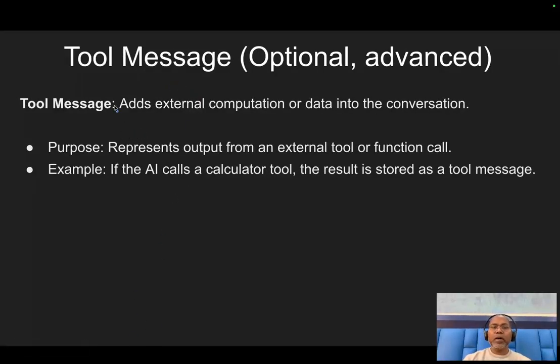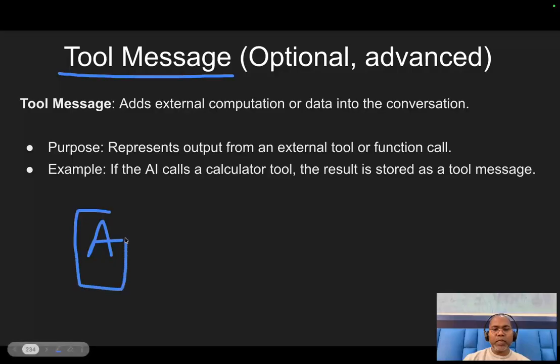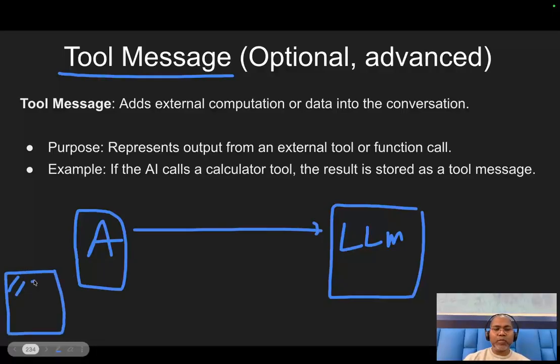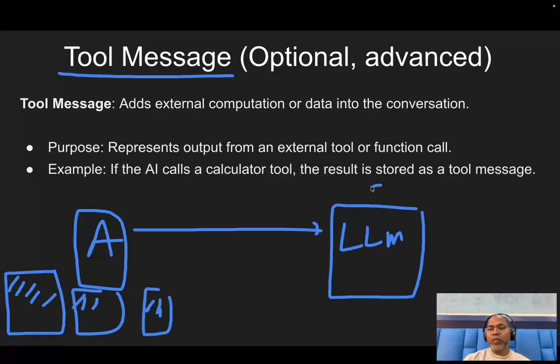And third, another type of message is the tool messages, or tool callback messages, or functional messages or capability. Whenever your application talks to the large language model, some information may be application specific or domain specific, or in your particular database or file system, and your LLM doesn't know that information.